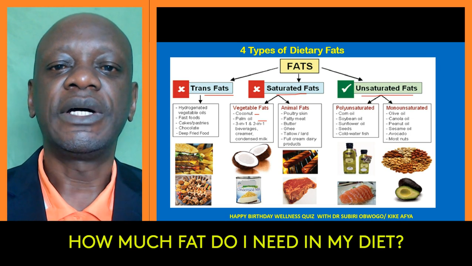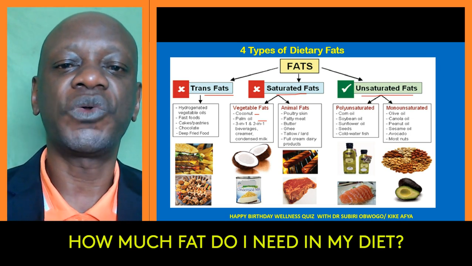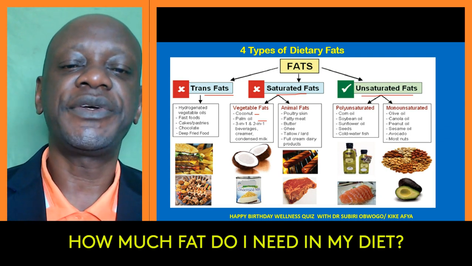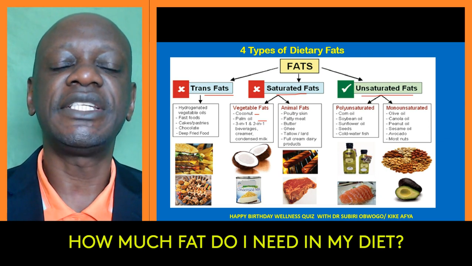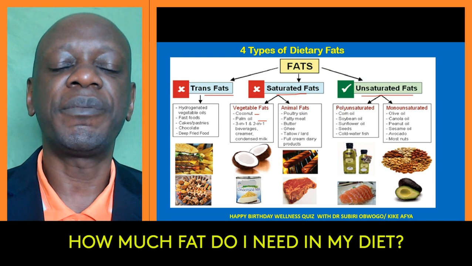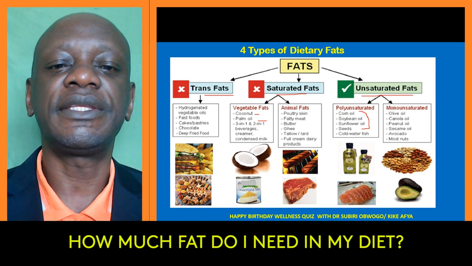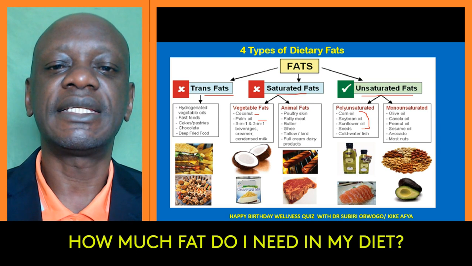Now, unsaturated fats are the healthy ones, and they're usually divided into polyunsaturated and monounsaturated. You've probably heard about omega-3, omega-6, and omega-9. Polyunsaturated are divided into omega-3 and omega-6. Omega-6 are things like corn oil, soybean oil, sunflower oil, whereas omega-3 are the fatty fish such as salmon, as well as some seeds and nuts.